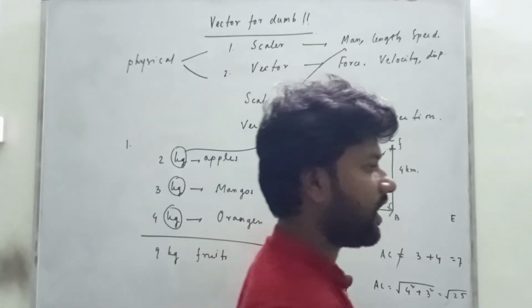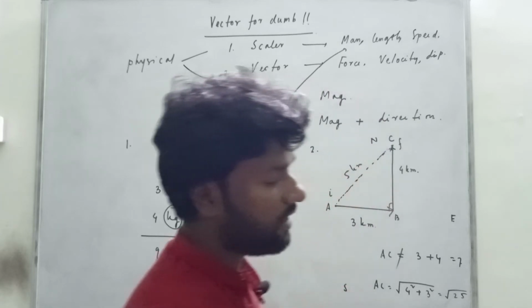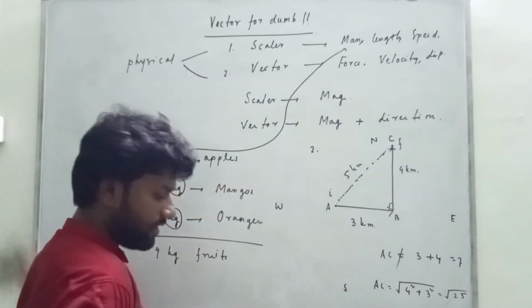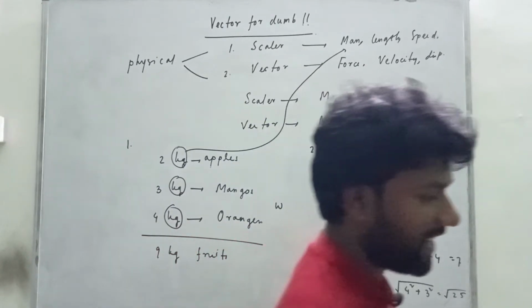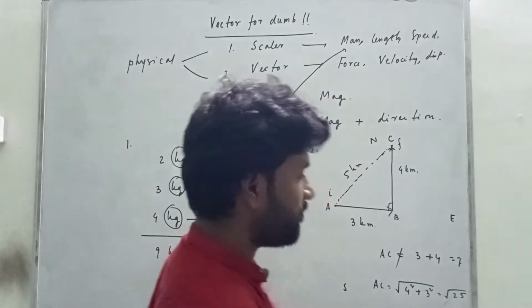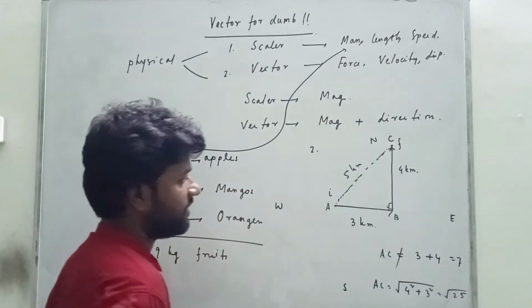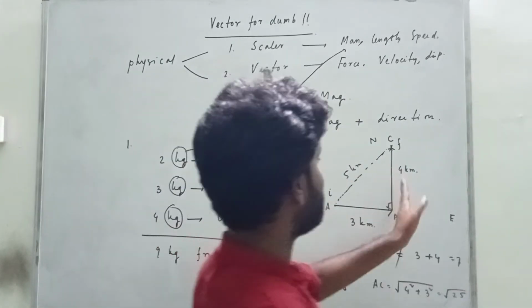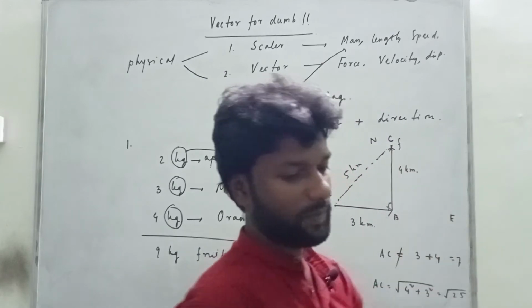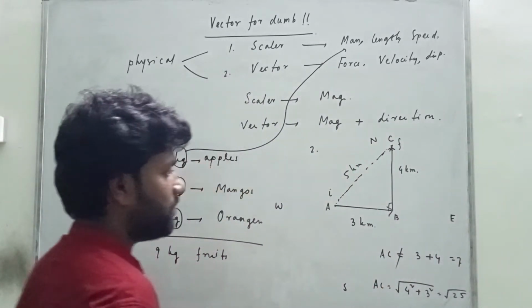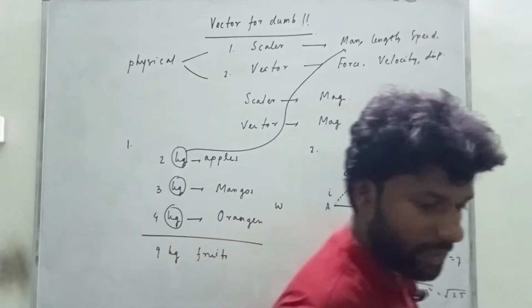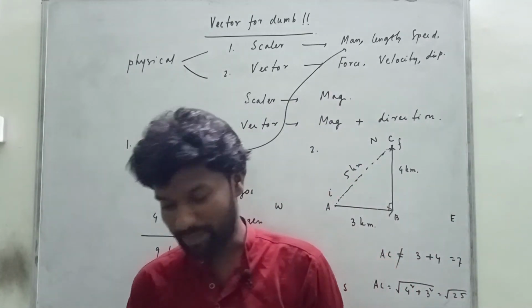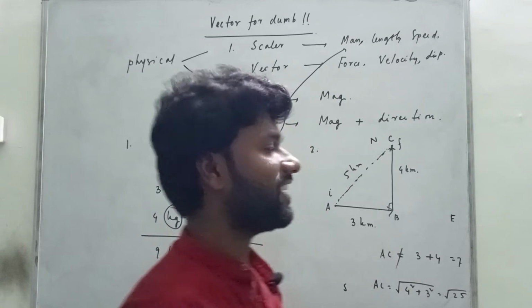It is not our classical algebra. So now here comes the vector algebra, right? It is a new kind of algebra for the addition, subtraction and multiplication of vector quantities. It's called vector algebra.